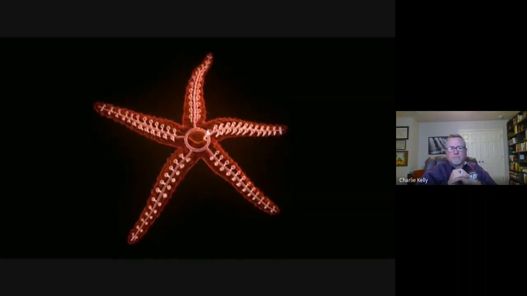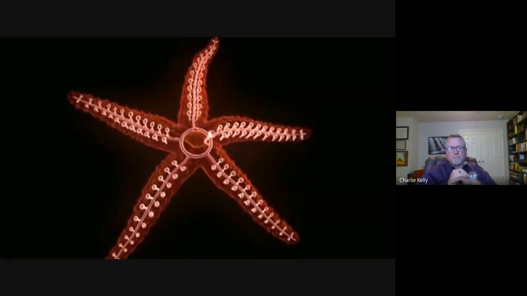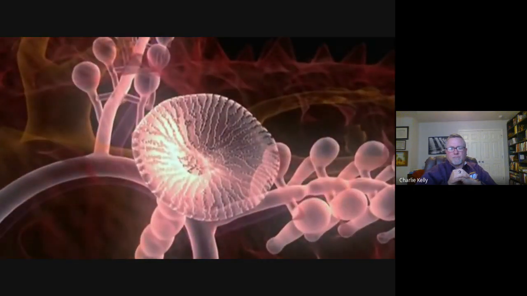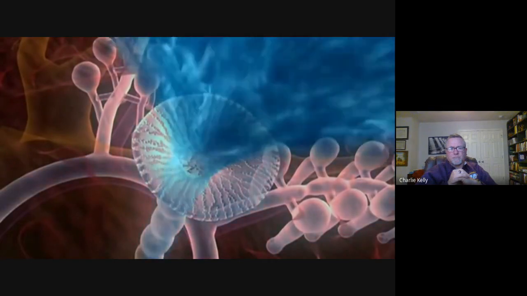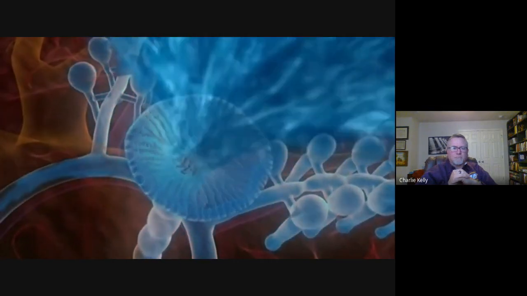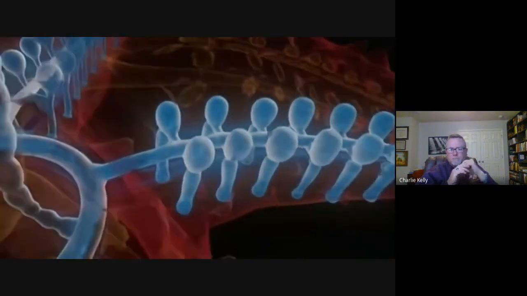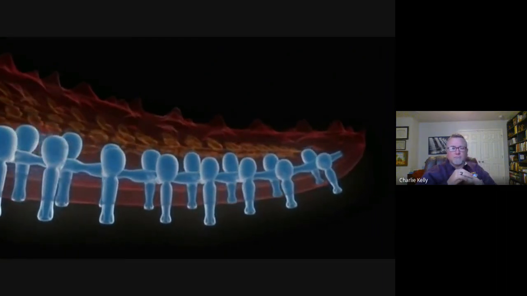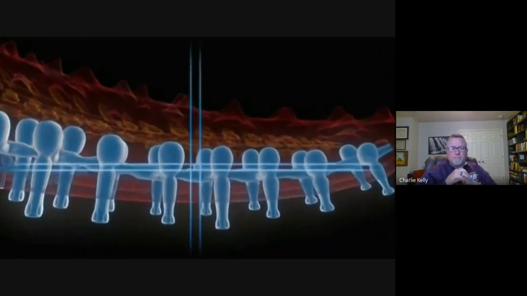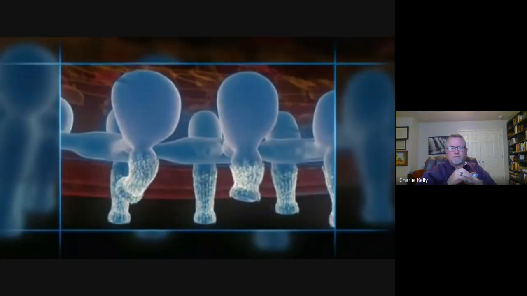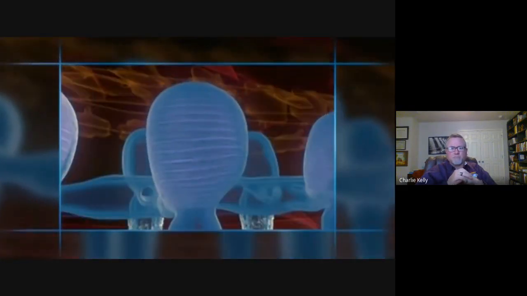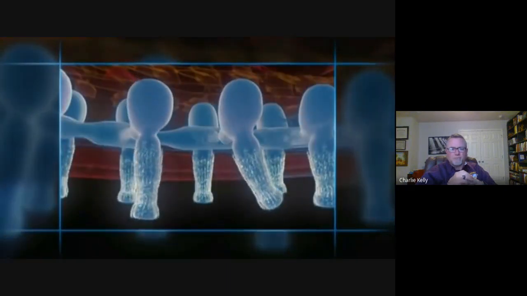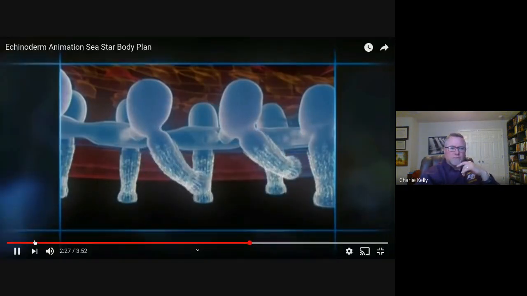The tube feet of sea stars are inflated by water, drawn into the body through a single opening called a sieve plate. The water fills the 5 radial canals which run down the length of the arms, forming a hydraulic system. The water is stored in little muscular bulbs. When a bulb contracts, it forces water into the elastic tube foot, extending it. Muscles on the foot swing it in the direction the sea star wants to move.